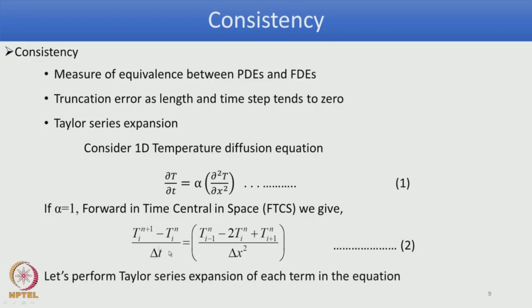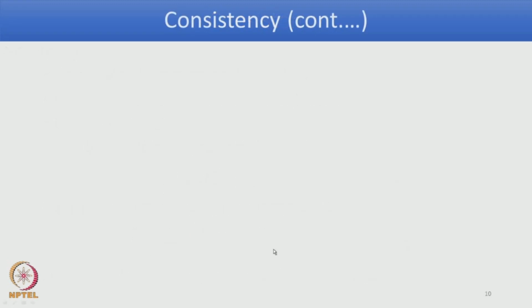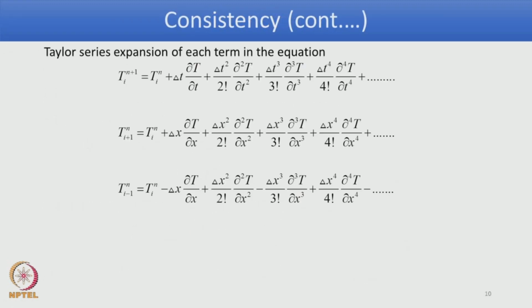Now, what do we do? We perform Taylor series expansion for each of these terms, that is T I n plus 1, T I minus 1 n, T I plus 1 n. I am showing here each of the terms up to certain terms. For example, T of I n plus 1 you can expand forward in time, that is why it is n plus 1, and I have written up to 4 terms and the remaining terms are not written. Similarly, for all other terms, that is T of I plus 1 n, T of I minus 1 n.